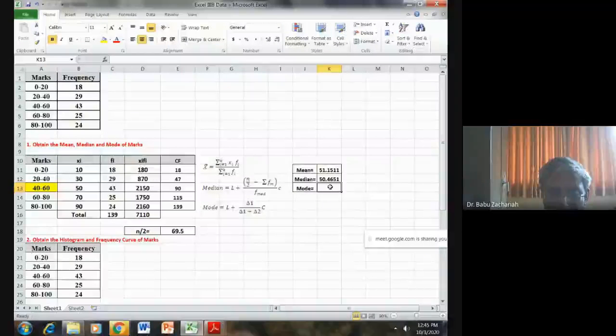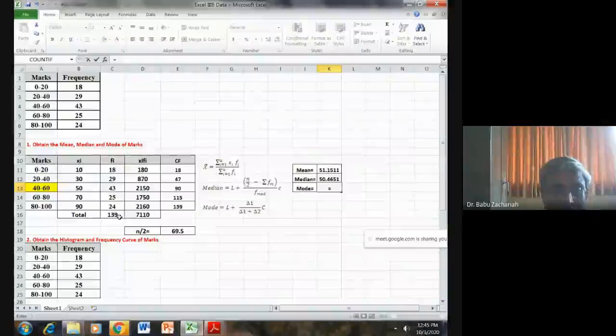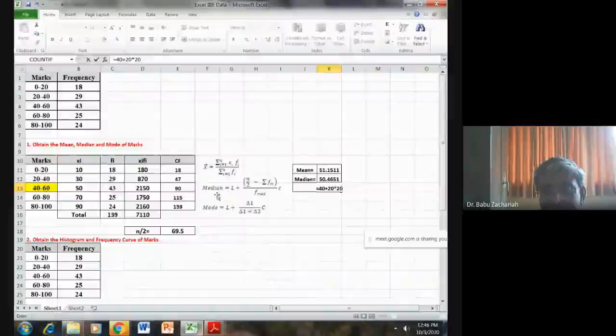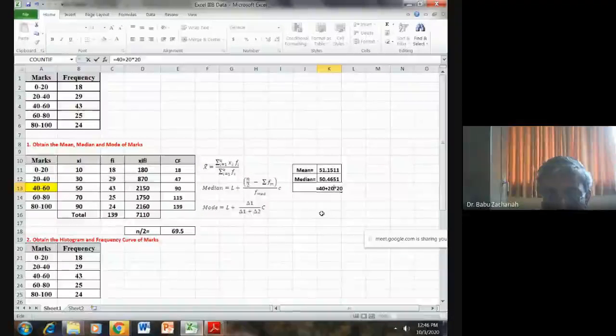This formula you have to use: it is equal to L, 40, plus delta 1 divided by delta 1 plus delta 2, into the class width, 20. Delta 1 is the difference between 43 and 29, so 43 minus 29 will be 14.